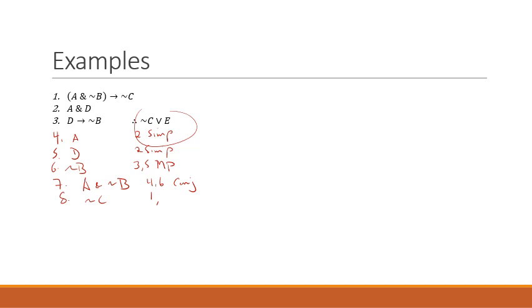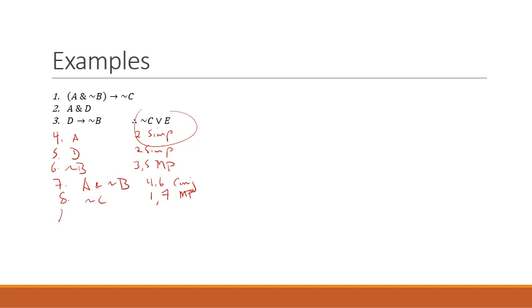So A and not B is like the P, and the not C is like the Q. And if you'll note, with line 7, I have A and not B, right? So if I have A and not B, which is the antecedent of that conditional, then I can use modus ponens to derive the consequent of that conditional, which is, in this case, not C.